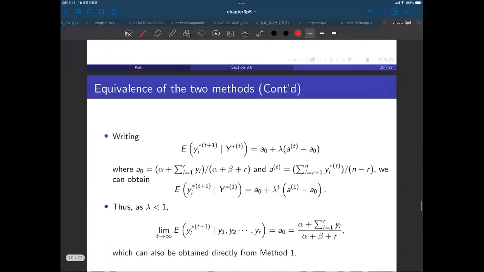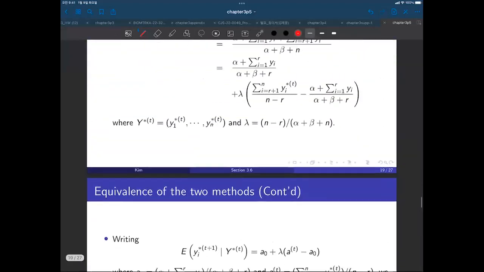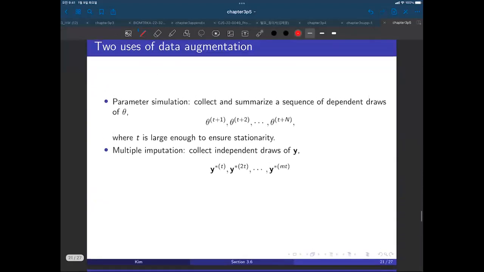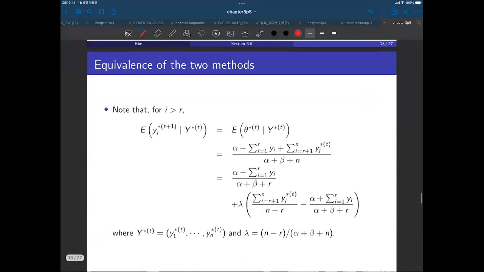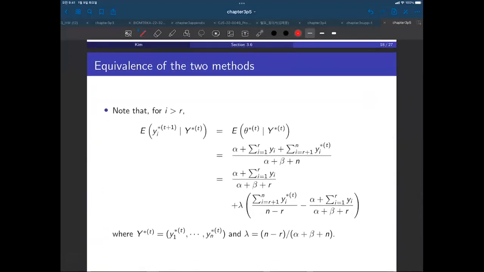It's not really long, so let's just quickly go through. Here's the idea.